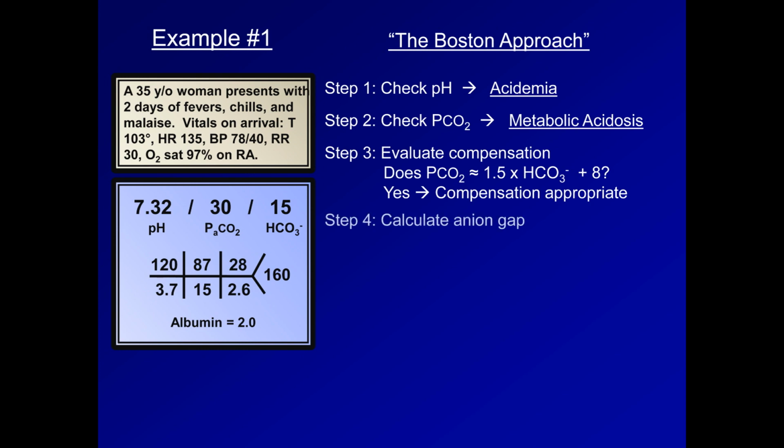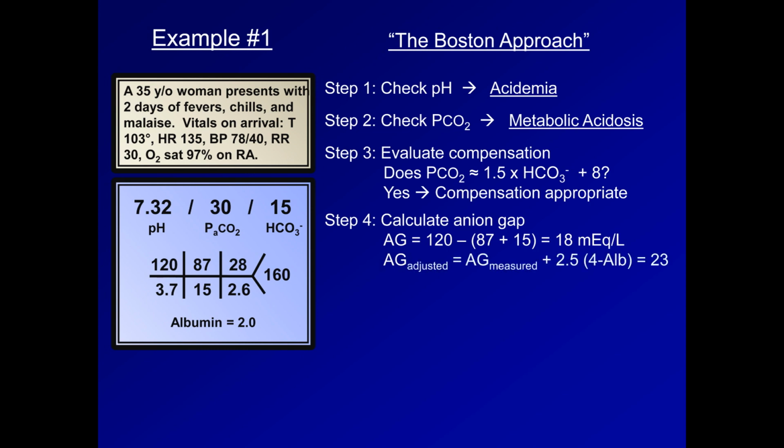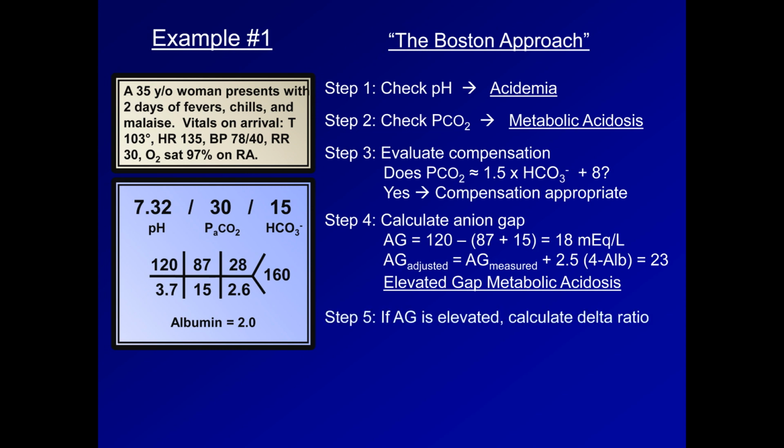Step 4, calculate the anion gap, which is sodium minus the sum of chloride and bicarb, which in this case is 18. And we then adjust the anion gap for hypoalbuminemia to determine an adjusted gap of 23. Thus, the metabolic acidosis is an elevated anion gap metabolic acidosis. Then, step 5, since the anion gap is elevated, we calculate the delta ratio.